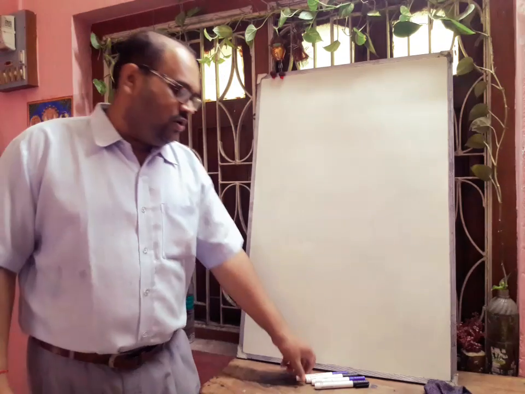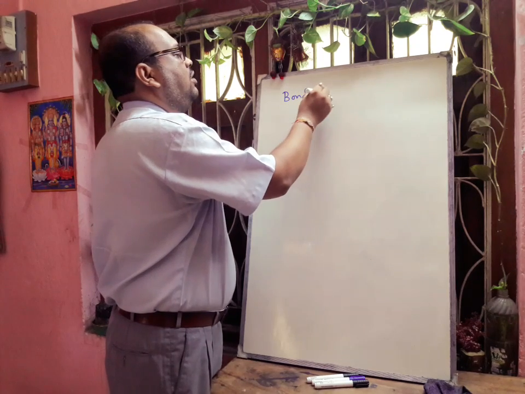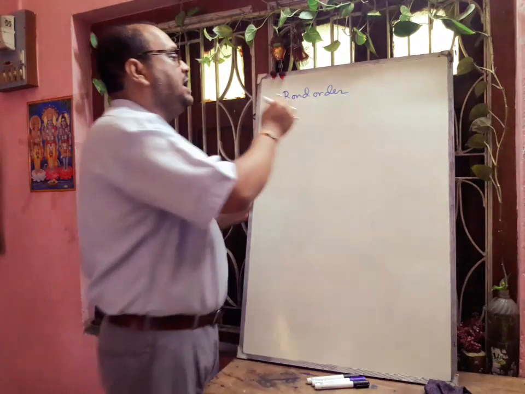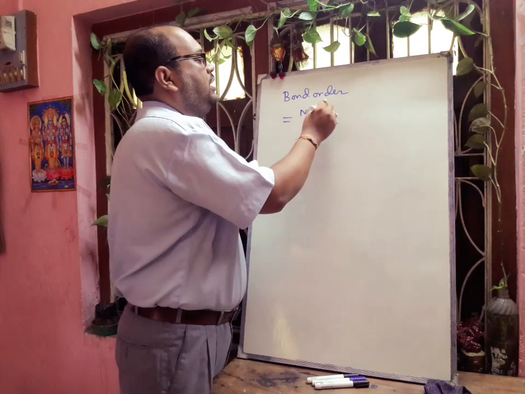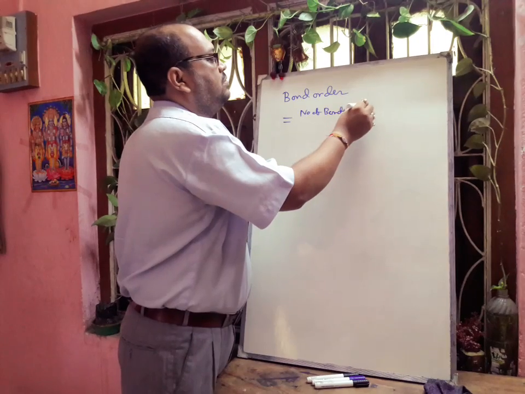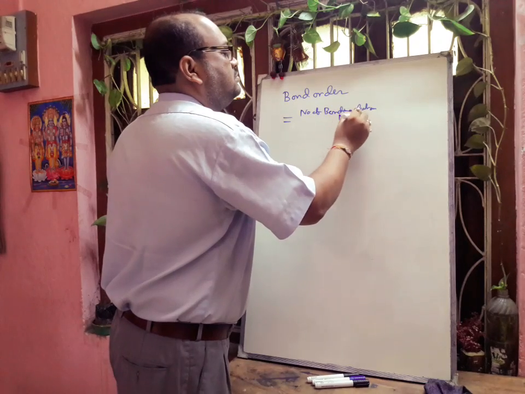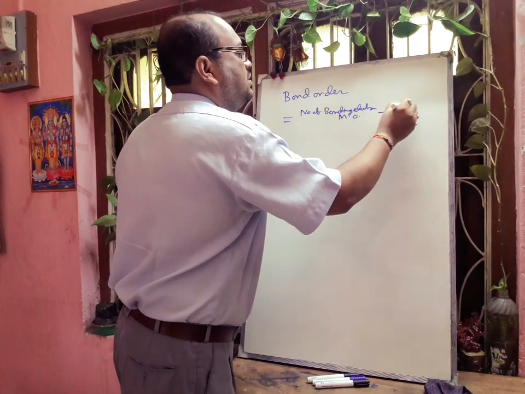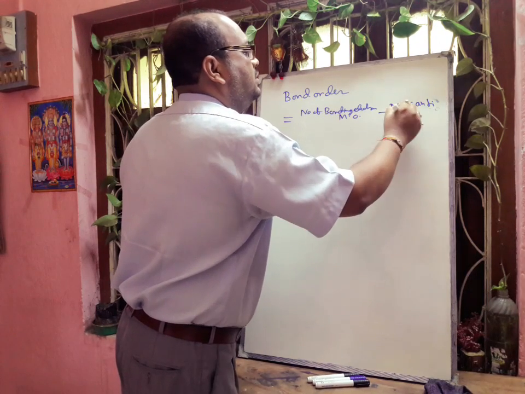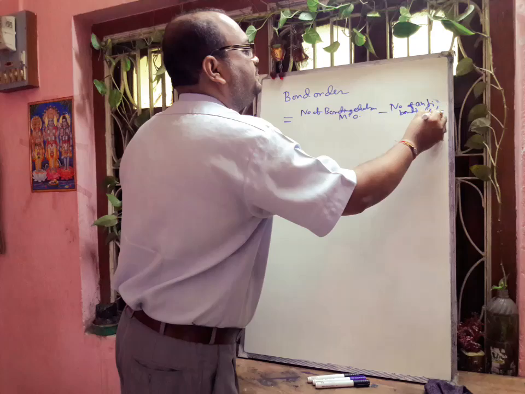And we can calculate the bond order by this formula: bond order of a molecule in the molecular orbital theory is the number of bonding electrons in the MO minus the number of anti-bonding electrons in the MO, divided by 2.